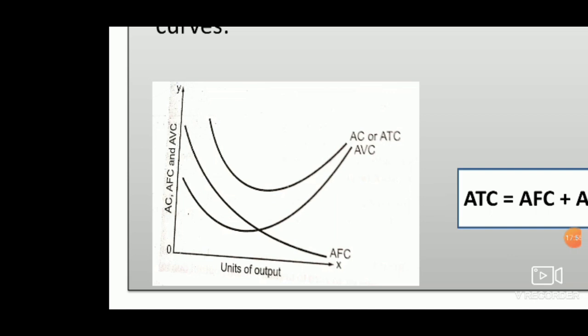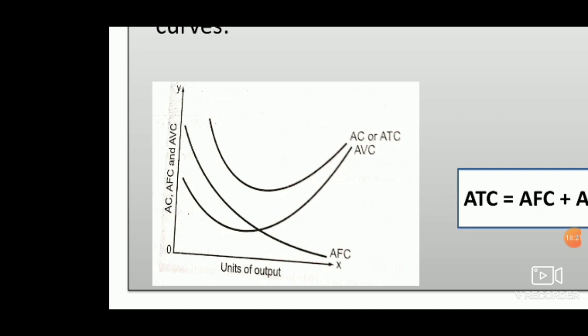Please focus on this diagram, and now I will explain the concept of this diagram. In the beginning, both AVC and AFC curves fall. Therefore, the ATC curve will also fall sharply in the beginning. When the AVC curve begins to rise, but the AFC curve still falls, the ATC curve continues to fall.